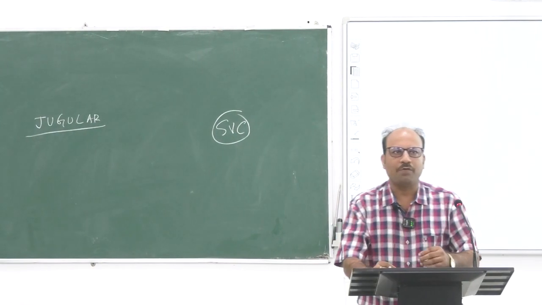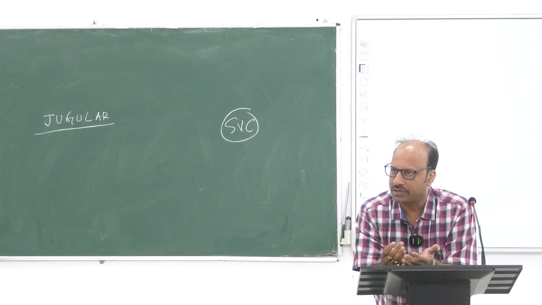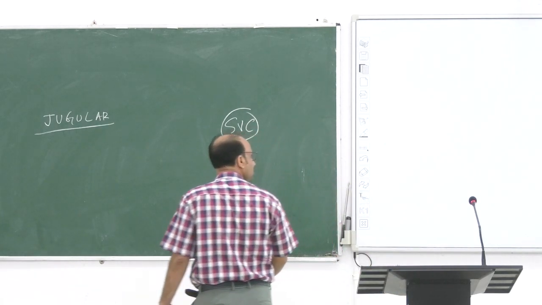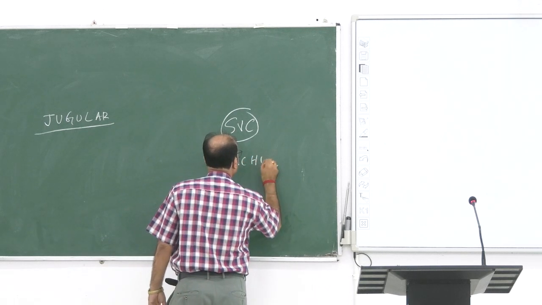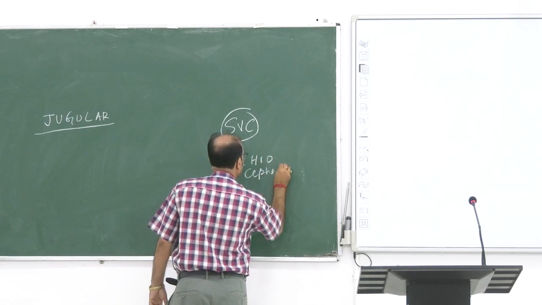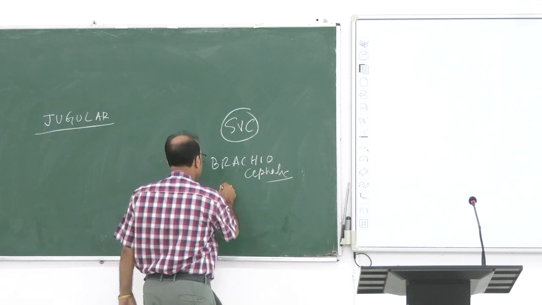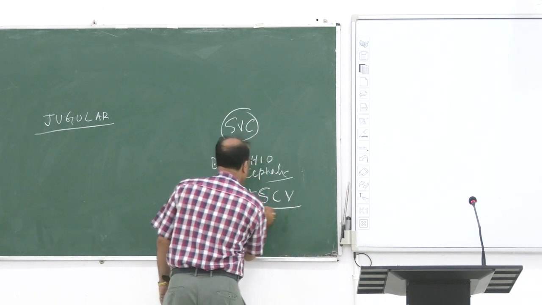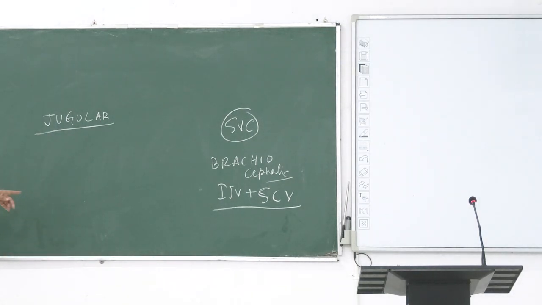How is the superior vena cava formed? The right and left brachiocephalic veins form the superior vena cava. How is the brachiocephalic vein formed? Internal jugular plus subclavian vein. Yes. Now today's topic is the internal jugular vein, not the subclavian vein.